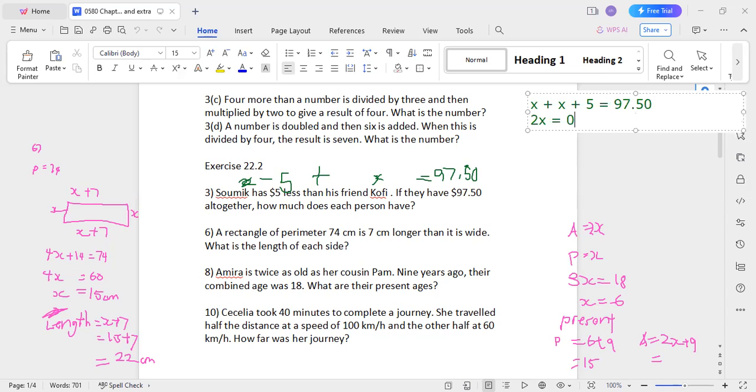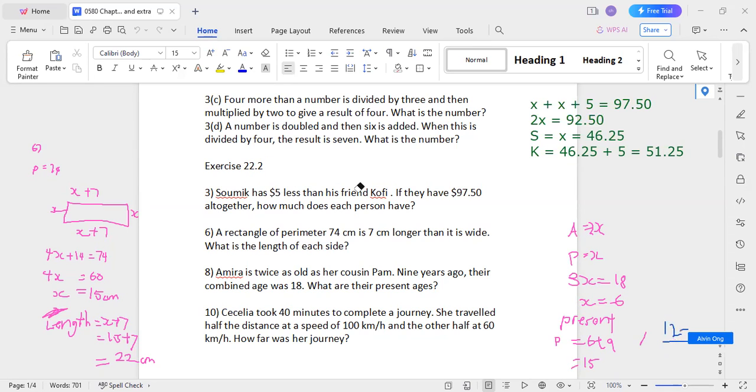So 2x is equal to 97.50. If you set it up that way, it is correct. But for question 3, how you initially set up the equation, you need to be a little more careful and try to visualize it. The answer is correct, but the setting up still needs a bit of work.